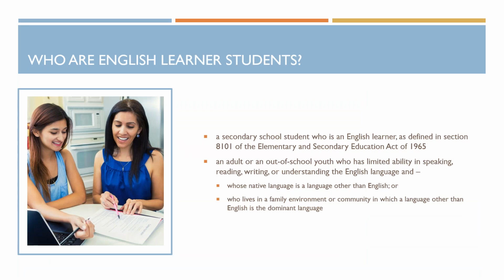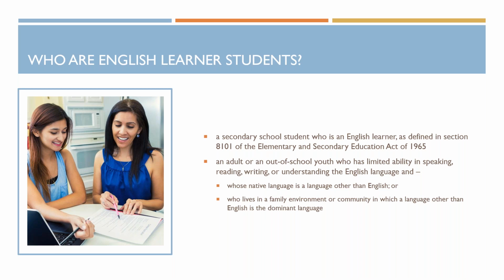So let's go ahead and jump on in here. Who are English learner students? When we're talking specifically about the secondary system, we will look at ESSA. It says Elementary and Secondary Education Act under Perkins V, that's what they listed it as, but it is now ESSA, the Every Student Succeeds Act. We'll go into their definition of an English learner a little further.